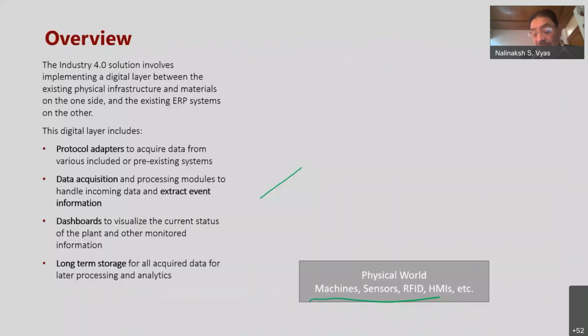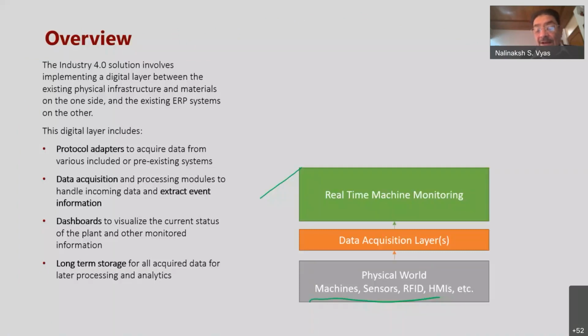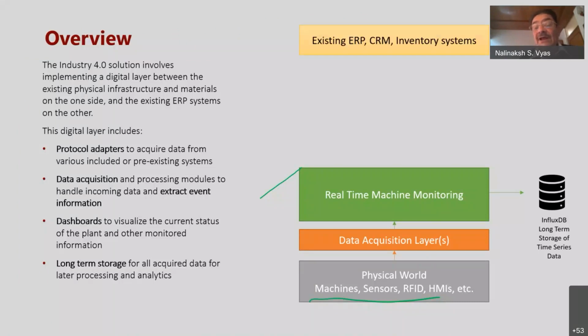So the physical world is communicating to the data acquisition layer, then to real-time monitoring, from where we take the data and store it for a longer time depending on the requirement. Then you have existing ERP and CRM and inventory systems at MCF and CRIS.